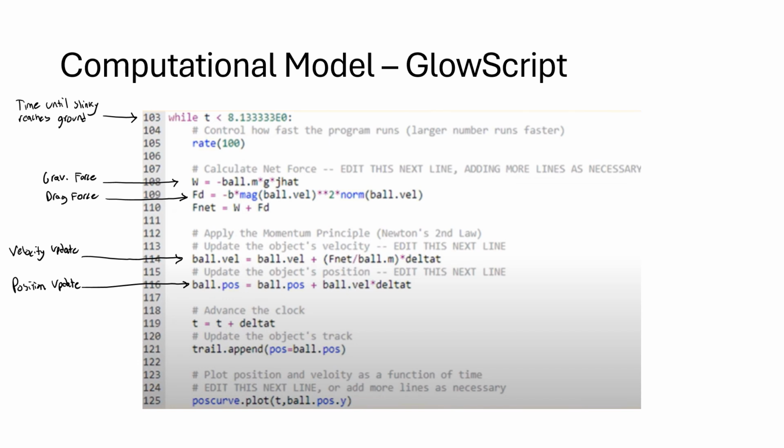We have our FD, which is the air resistance we felt, and we use the magnitude of the velocity times 2 times the normal vector of the ball velocity, and then we use that to calculate the whole drag force, which is F net equals W plus FD. So then we use the position update and velocity update to calculate iteratively through our times.